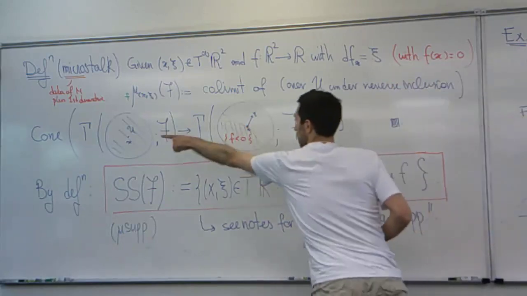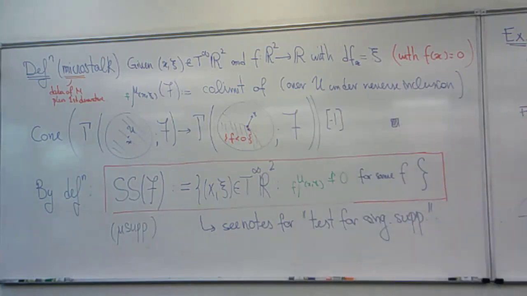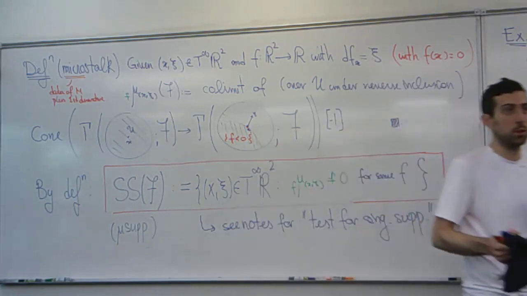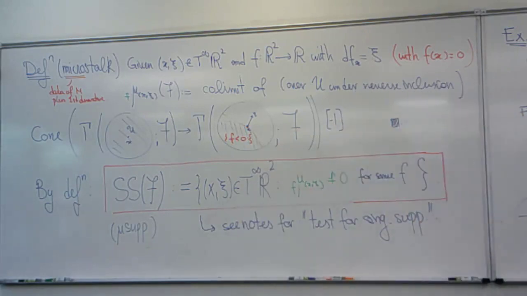And so you take the colimit of these for all of these. Yeah, thanks, Larry. In practice, if U is small enough and contractible, you just compute for a small enough U. Same way you compute stalks. Because the directed system is going to be constant starting at some point, so the colimit is whatever that constant is.